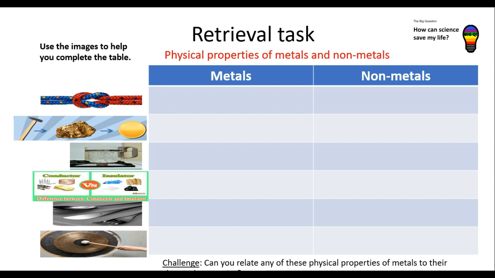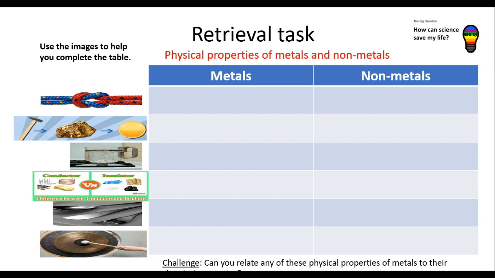Before we get into the chemical properties, we will have a look at the physical properties. So try to complete this task, and you have some images on the left hand side that can help you to remember some of these physical properties.